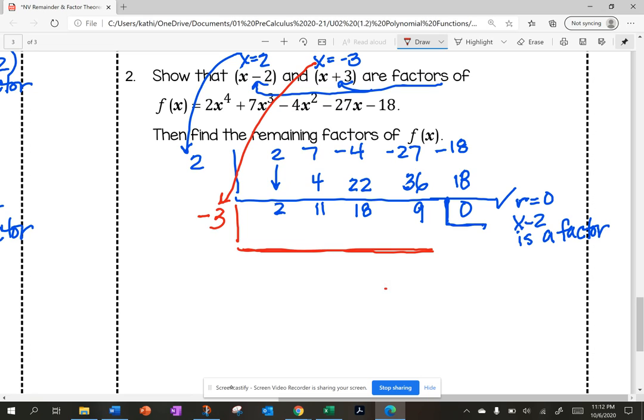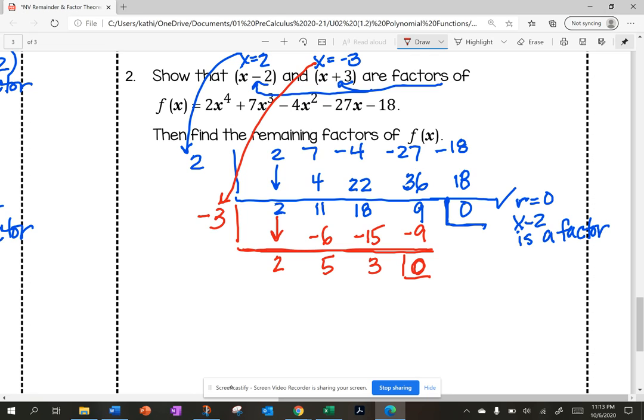Okay, so I'm in the same process. I'm going to bring my first coefficient down. Negative 3 times 2 is negative 6. Add down, it's 5. Negative 3 times 5 is negative 15. Add down is 3. Negative 3 times 3 is negative 9. Add down is 0.